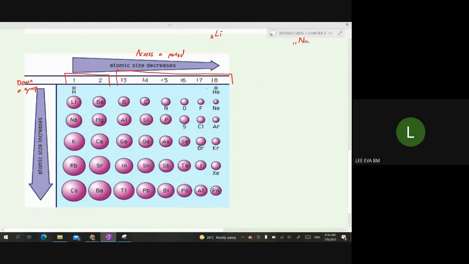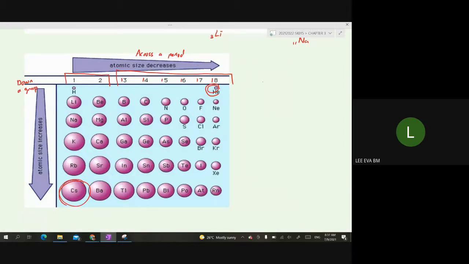Going down group 17, fluorine until iodine, the size increases. So this is the general trend that you need to understand. So if the question asks, in the periodic table, which element is the biggest? Lithium. In the periodic table, which element is the smallest? Helium. Very easy. Okay.